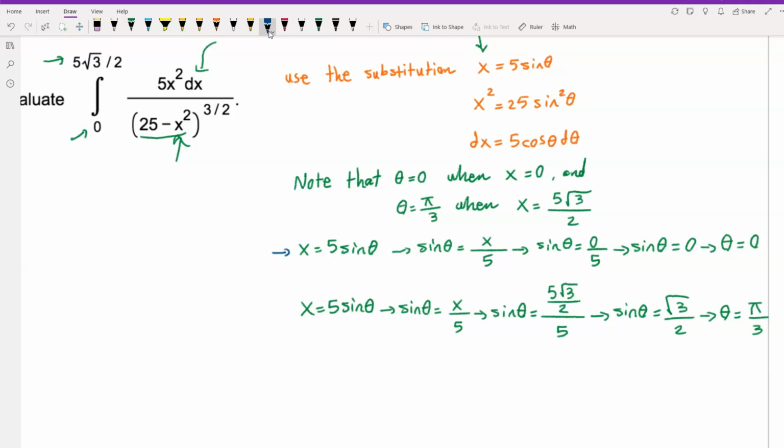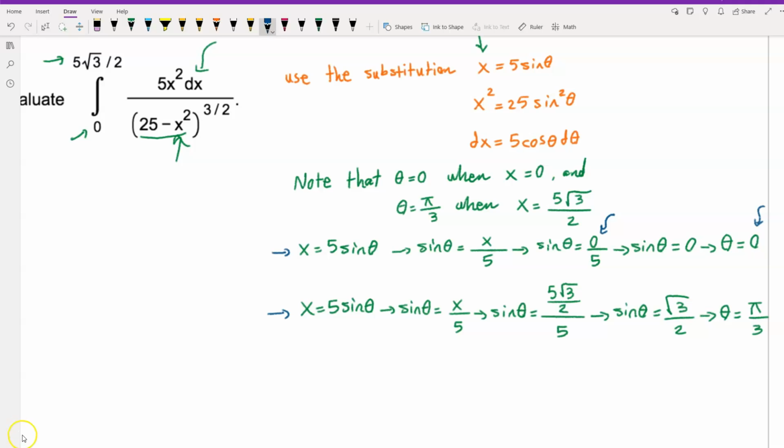On this part I used x equal to 0, so theta is 0, and on this part x is equal to 5 sine theta, so sine theta is equal to x over 5. So sine theta is equal to 5 square root of 3 over 2 divided by 5. Then simplify, sine theta is equal to square root of 3 over 2, and in this case theta is equal to pi over 3.